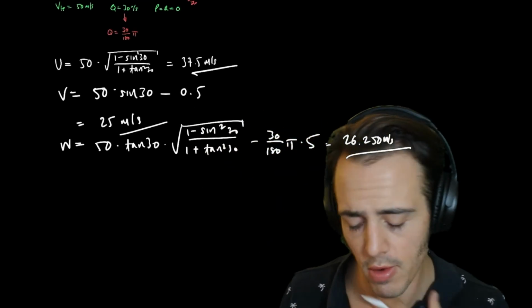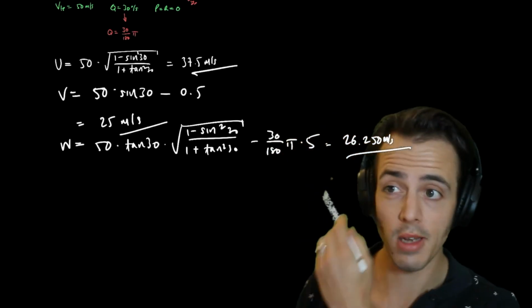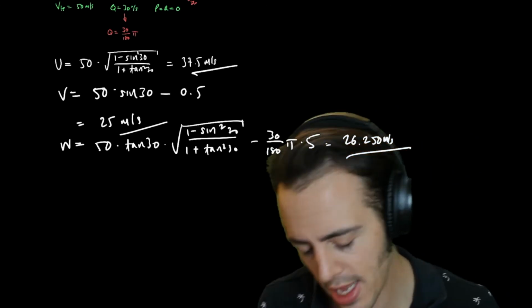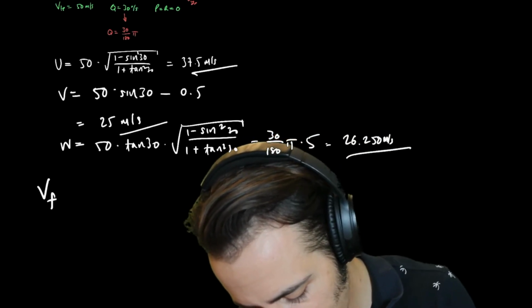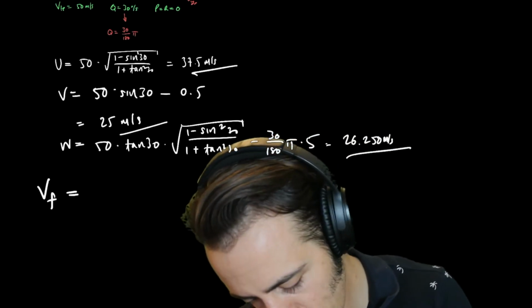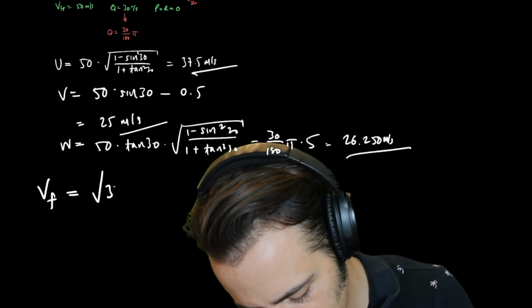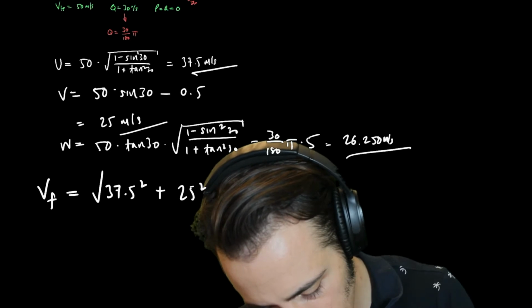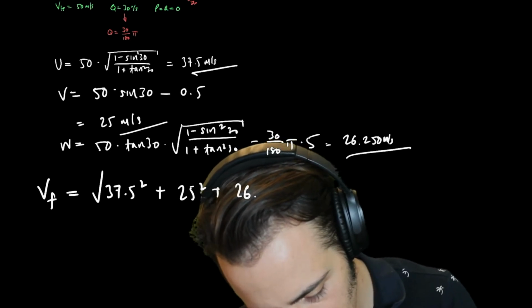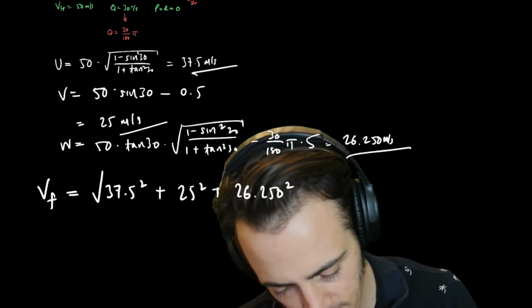So we've got our 3 components of velocity now. We can use these to recover the aircraft angle of attack as well, and side slip, which actually I didn't ask, but we can do this. We can say the total flight speed is the vector sum of all of these. So it's 37.5 squared plus 25 squared plus 26.250 squared.